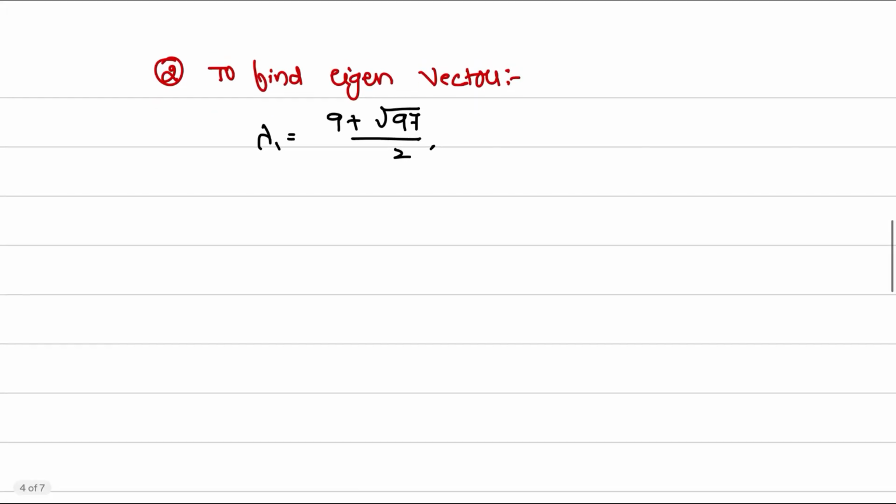For this particular value, how are eigenvectors to be found out? You put this lambda value in the A minus lambda I matrix, because we know the lambda value now.